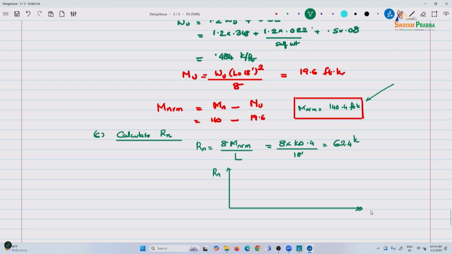Rn by delta. So, we have this is y sub e, y sub m, the max value is 62.4 kips. This is our resistance curve.